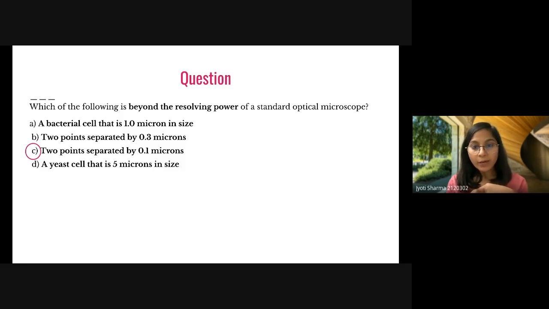We need an advanced microscope that can resolve the distance between these 2 points. So up to only 0.1 micron distance between 2 points, optical microscope can help us, but beyond that, if the distance between these 2 points is lesser, then we need an advanced microscope.